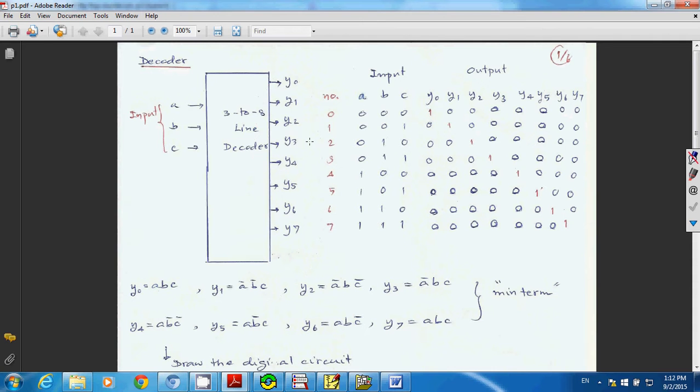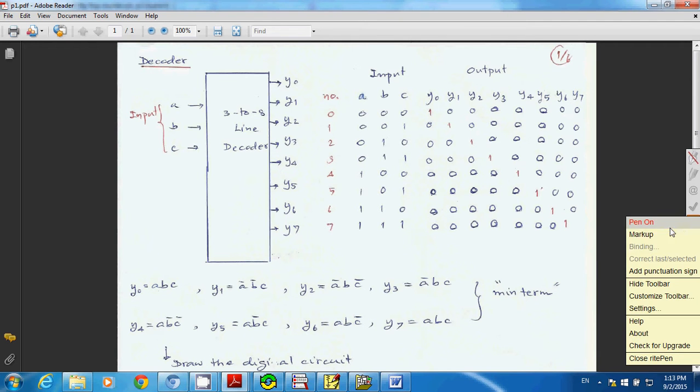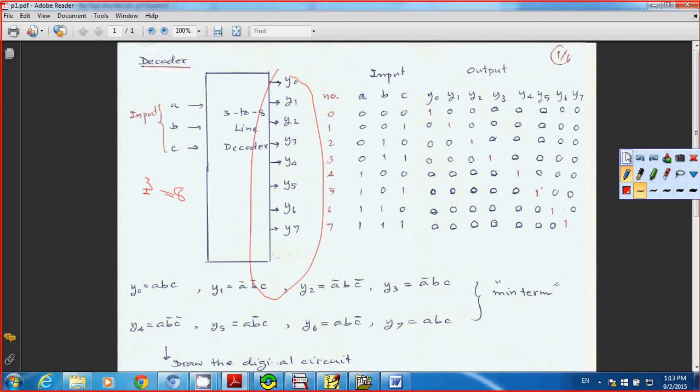Next, what I have here is the truth table. I list the input ABC with all the combinations, for example A, B, C from 0, 0, 0 up to 1, 1, 1, and that's all related to your output as shown here. That means when you have an input of 0, 0, 0, it's going to correspond to your output at this point here.